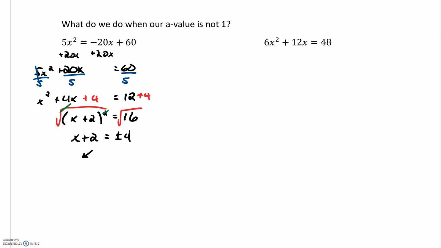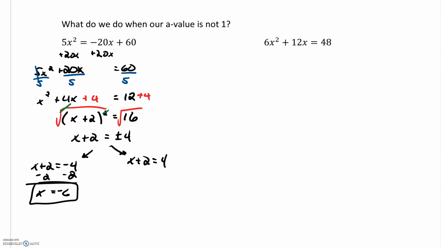Here's where I break it up. x plus 2 is equal to negative 4, and x plus 2 is equal to positive 4. Solve each of these by subtracting 2 from both sides, and I get x is equal to negative 6. There's one solution. Subtract 2 from both sides, and I get x is equal to 2. Two solutions. Now, this doesn't seem so bad, and it's really not.